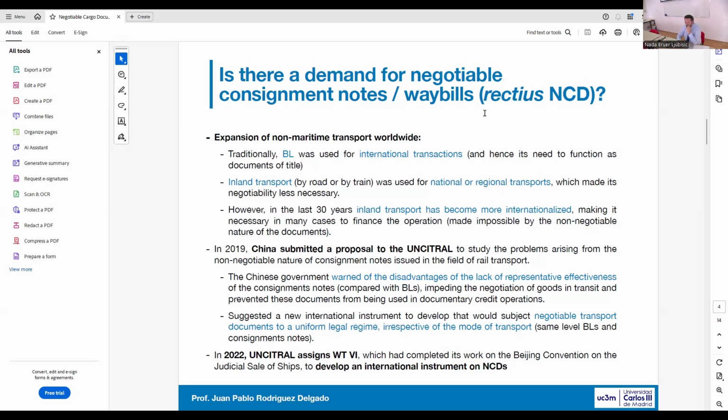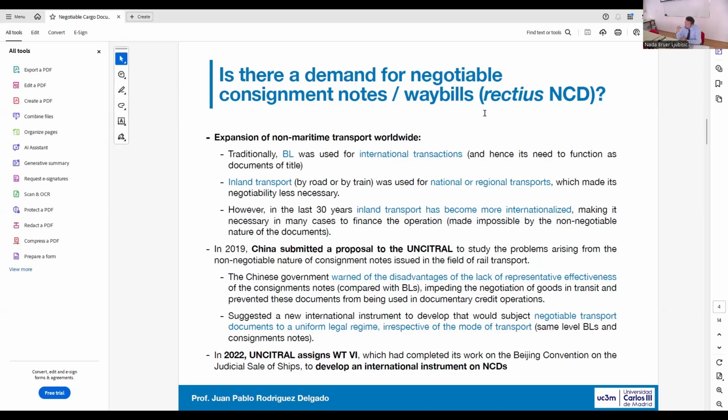My answer is based on the expansion of non-maritime transport worldwide. I mean, from five or six centuries ago, maritime law has been international. From its origins, maritime law has been international. But inland transportation by road or by train normally has been reduced to national or even regional transportation, for example in Europe, in South America, or in the United States, Canada and Mexico. So very regional transportation, or even national.